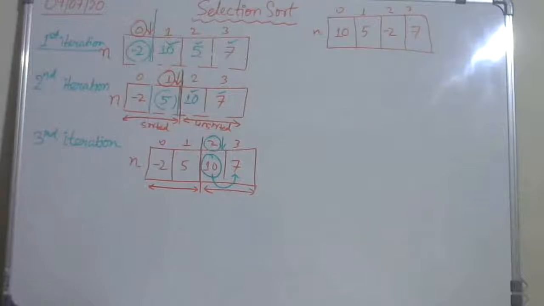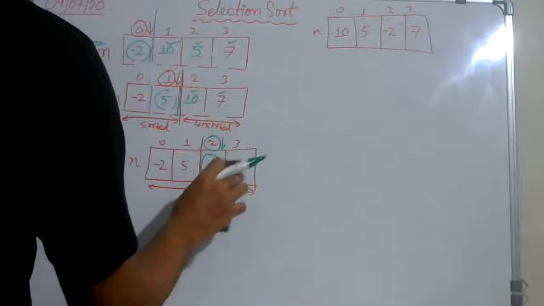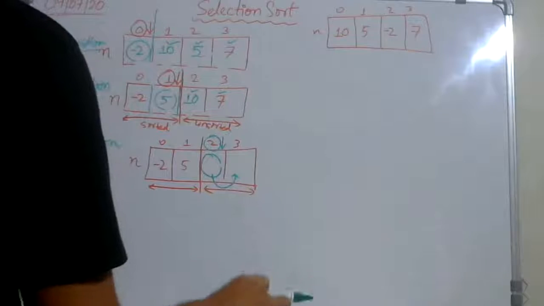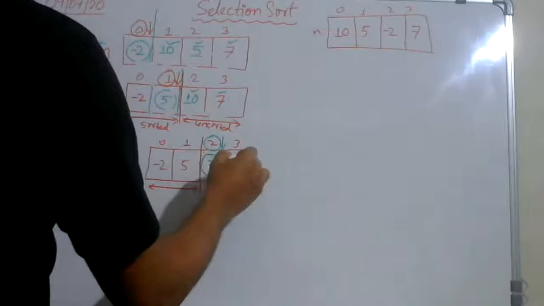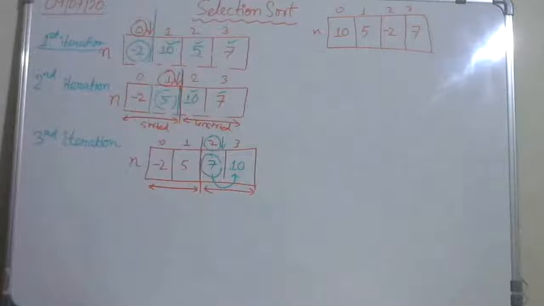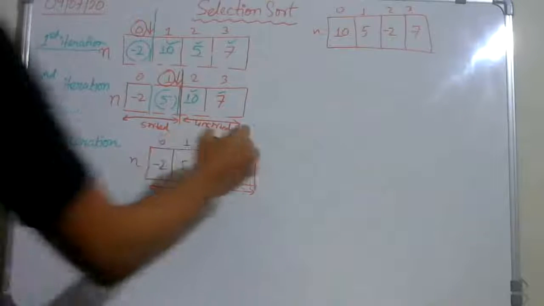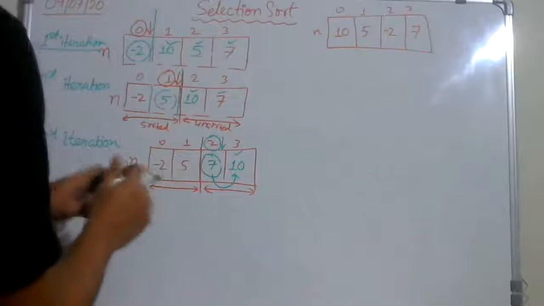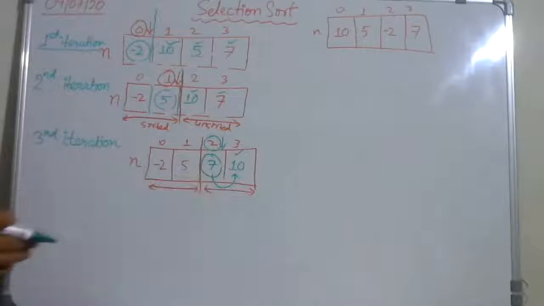We see that 10 is greater than 7, which means we need to swap the elements. So 7 comes in place of 10 and 10 takes the place of 7. Now there are no other elements after this, so we have exhausted the array, and the third iteration comes to an end because we have no more elements to compare to.